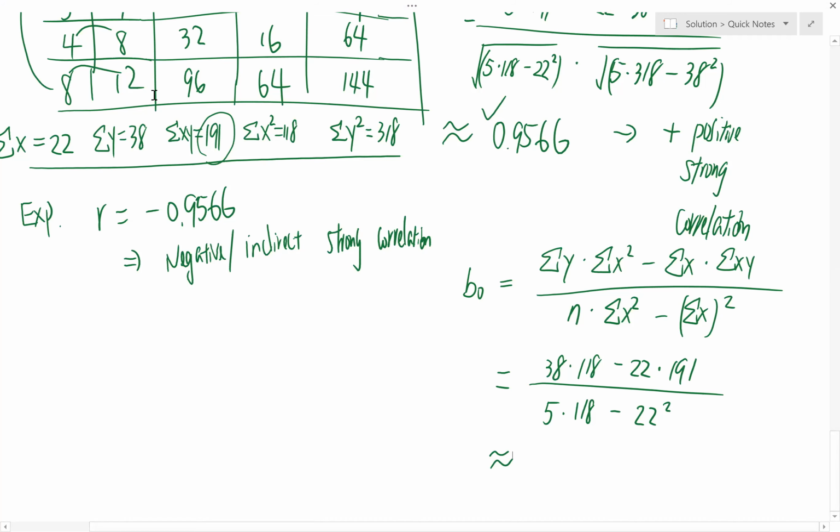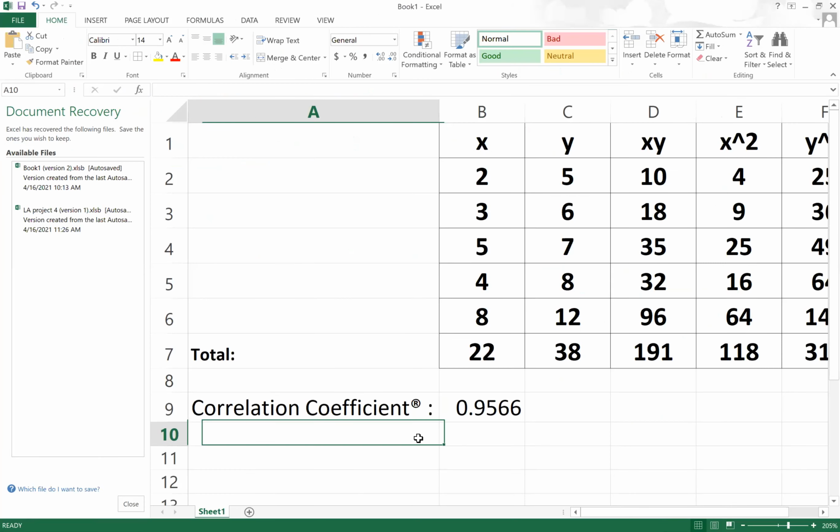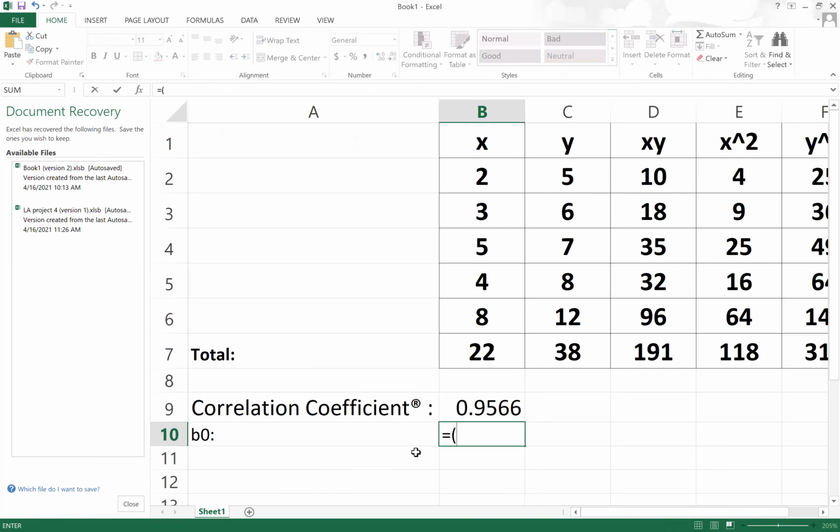Go back to the Excel. Now, second thing, let's find out B0. Then the numerator: total y, 38, right? Times total of x squared, that's 118, minus total of x, 22, times total of xy, which is 191.